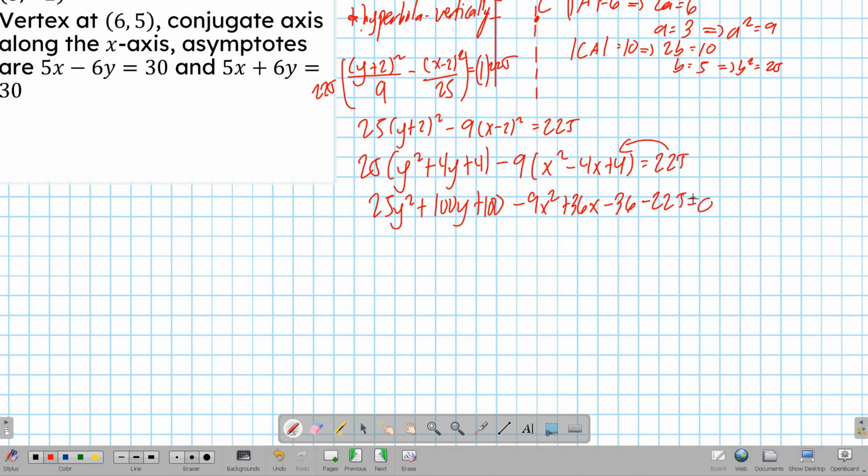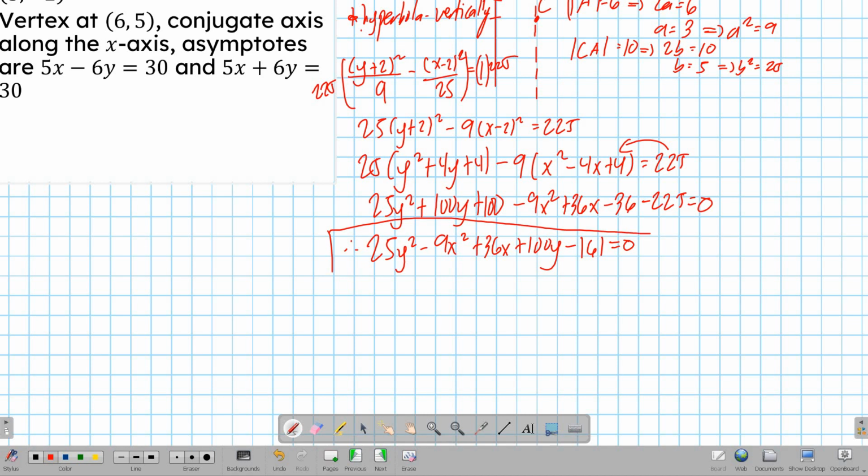Then I transpose the 225, minus 225 equals 0. We combine like terms, and I'm going to put y squared in front because that's the positive one. We have 25y squared minus 9x squared plus 36x plus 100y, and then 100 minus 36 minus 225 is negative 161, equals 0.